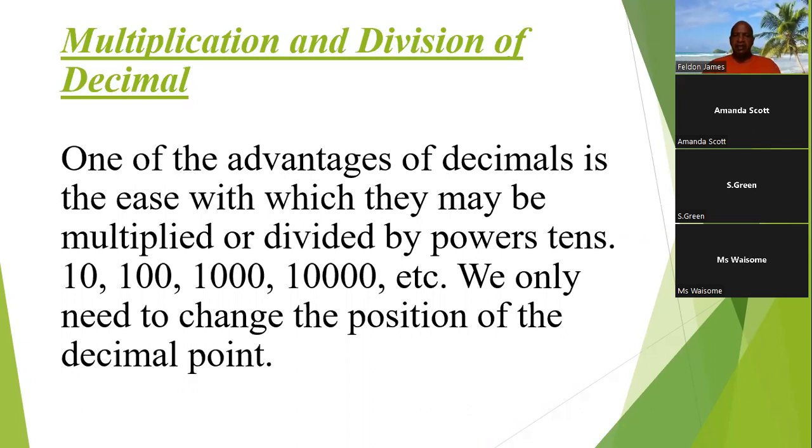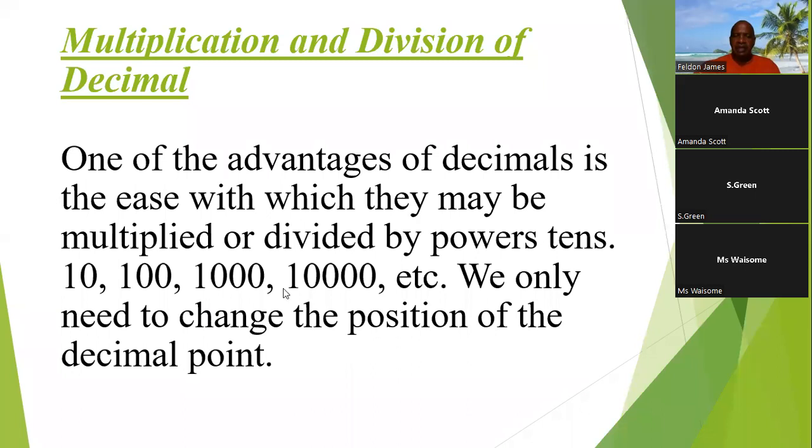So if you start off with 10, that's 10 to the power 1. 100 would be 10 to the power 2. So the number of zeros actually tell you the powers of 10 that you're working with. So if you have 1 zero, then it's 10 to the power 1. 2 zeros, it will be 10 to the power 2, and so on.